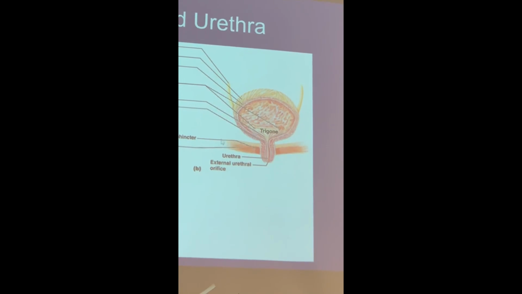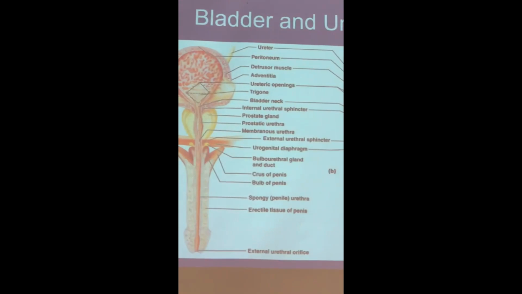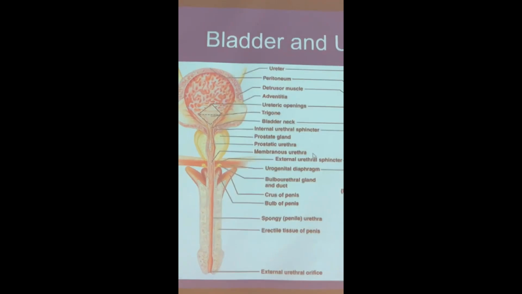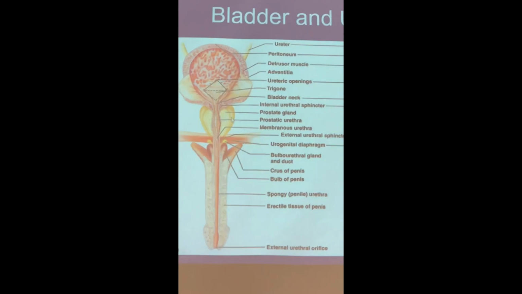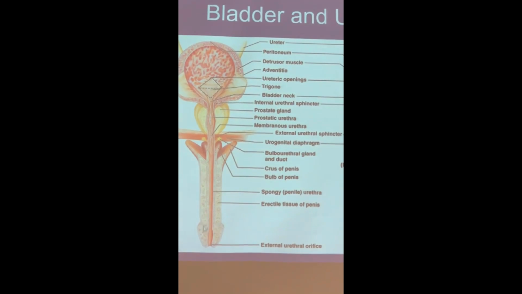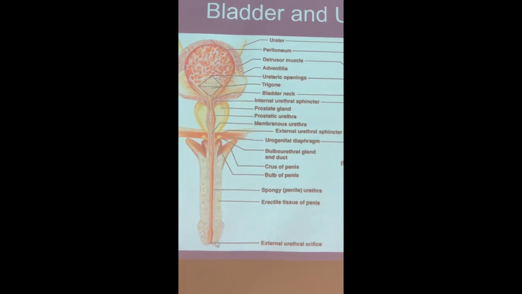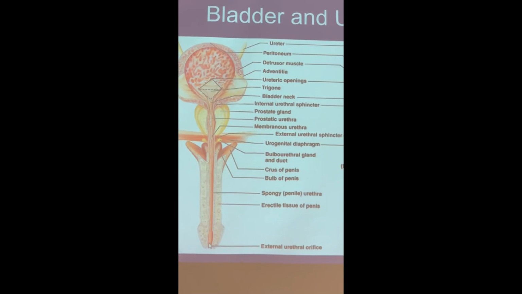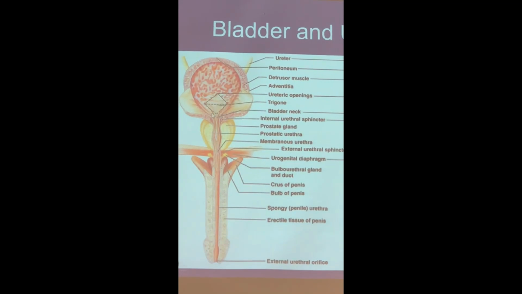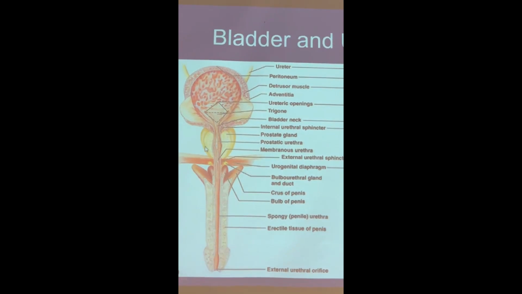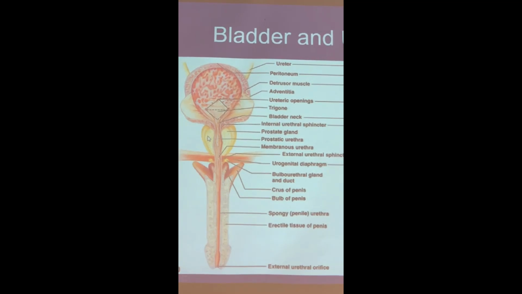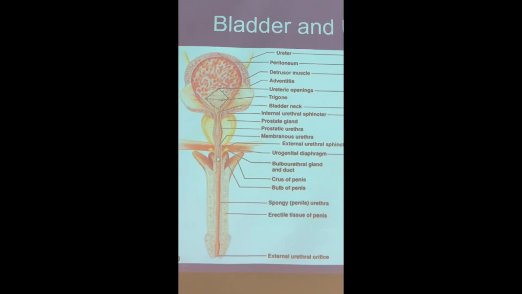Now obviously this is much longer in the male than the female, and the lining of that urethra changes a bit. It's mostly just a simple columnar epithelium, though it does vary a bit in the male, becoming stratified squamous at the very end. And we've talked about how the urethra goes through the prostate, so that if you get hyperplasia of the prostate, it can interfere with urination, because note this is before the diaphragm.